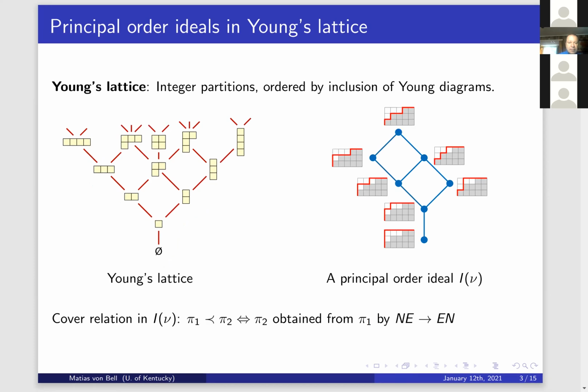The cover relation on this lattice, the principal order ideal, is that path π1 is covered by π2 if and only if π2 is obtained from π1 by replacing one of these peaks with a valley. Here I have a peak and it gets replaced with a valley, and therefore this path on the top covers the one on the bottom.